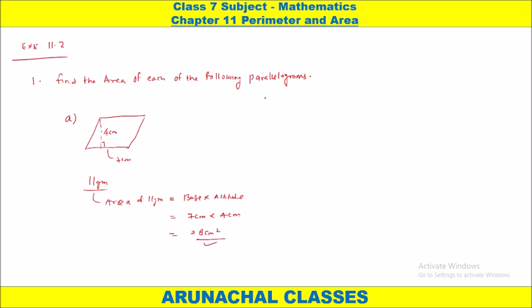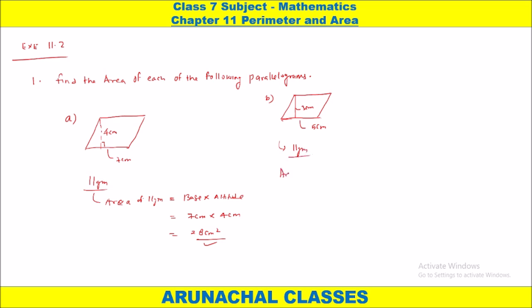Moving to our next figure, that is a figure of a parallelogram. Here the altitude, which is perpendicular on the base, is given as 3 centimeter and the base length is given as 5 centimeter. This figure is parallelogram in shape.